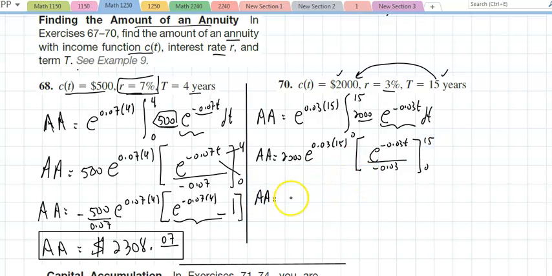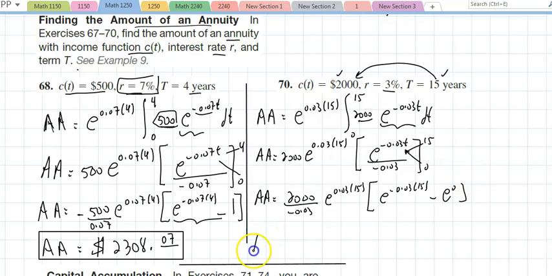This amount will be, and if I plug this in my calculator, 2000 divided by negative 0.03 times e to the 0.03 times 15, times, throw the 15 in, e to the negative 0.03 times 15 minus, if you throw 0 in, e to the 0 is 1. You could write e to the 0 if you wish and let the calculator take care of all of that.